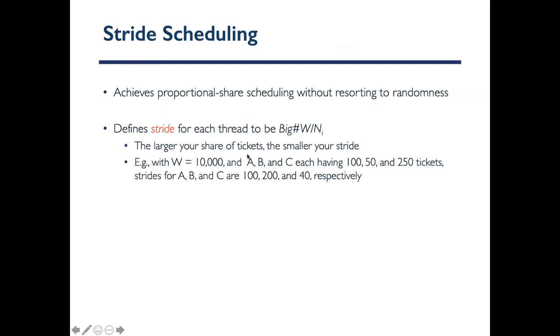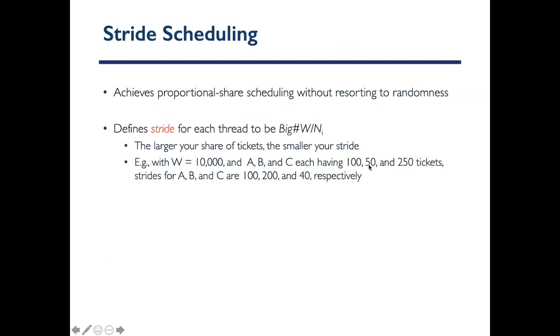So here is an example. Let's say that big number is 10,000. And let's say we have 3 jobs, A, B, and C. C is the high priority because it has 250 tickets. Then A is the medium priority. It has 100 tickets. And B is the low priority. It has only 50 tickets.